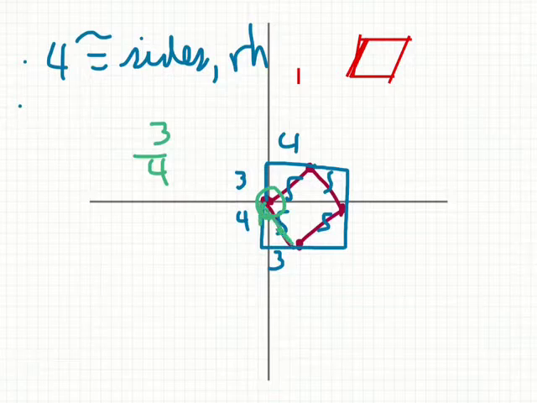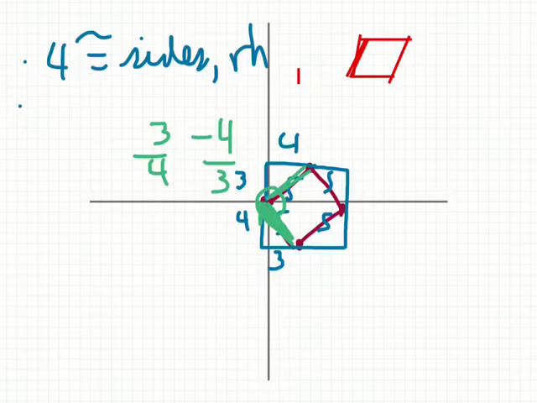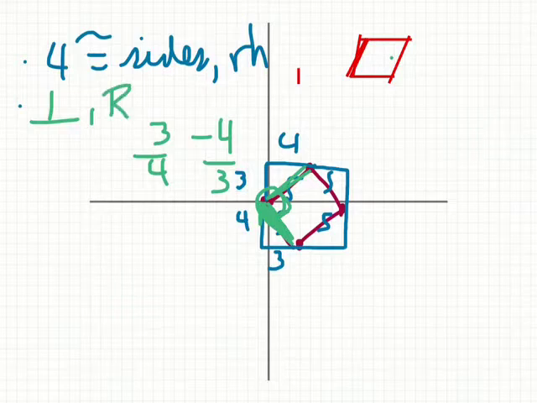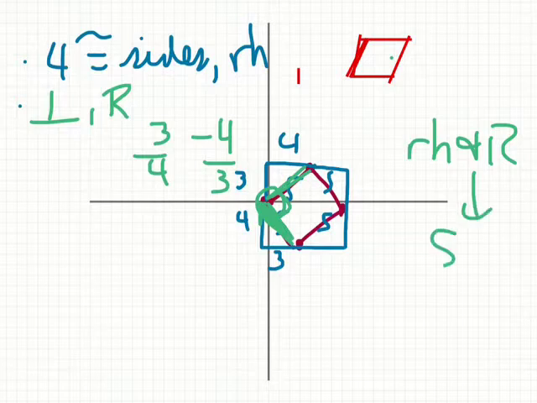This one right here, so I'm on this one down here, down 4, right 3. They are opposite reciprocals. So it means it's perpendicular. So this is a right angle. And in a parallelogram, if you have one right angle, you have 4. So it's perpendicular, so yes, it's a rectangle. And since it's both a rhombus and a rectangle, therefore it's a square.